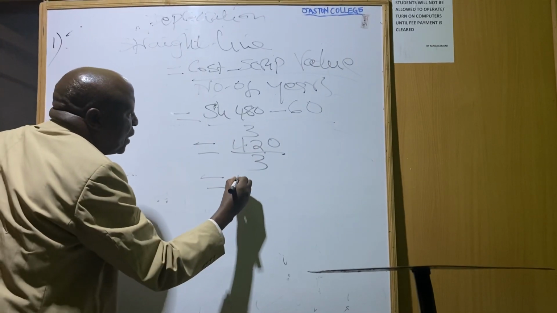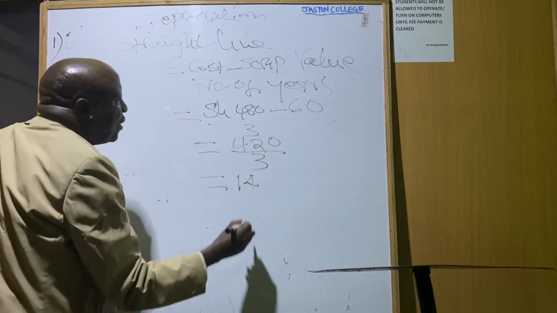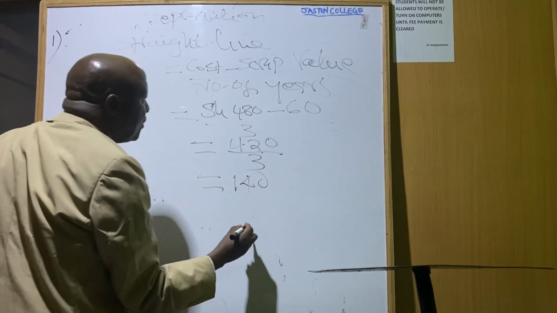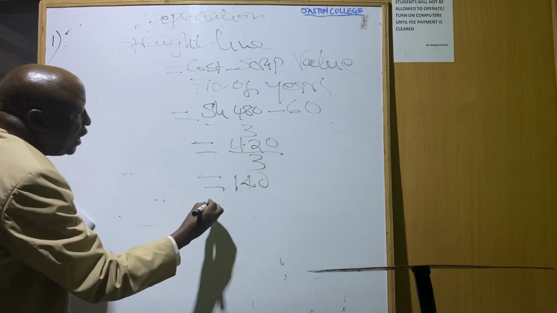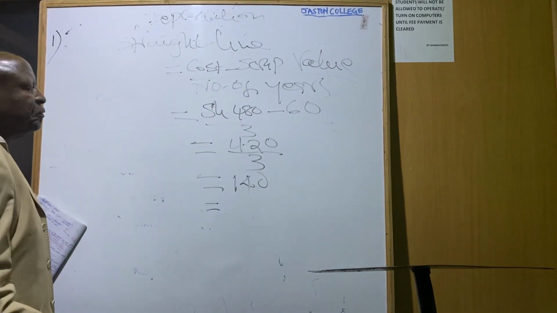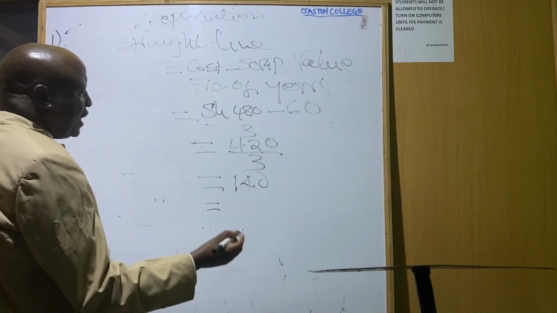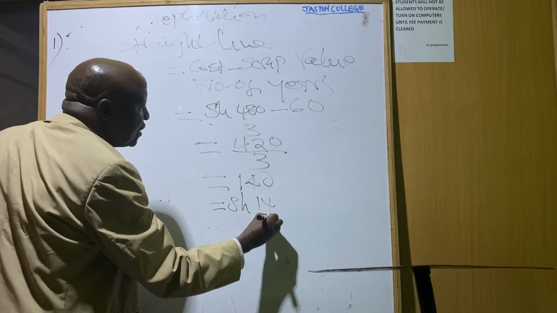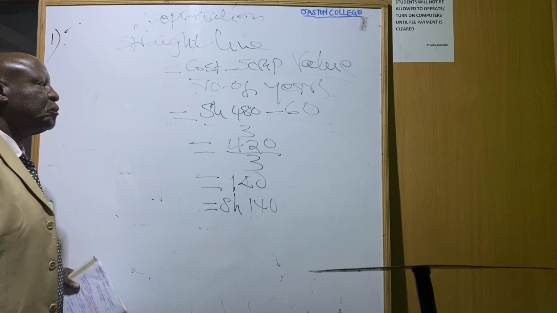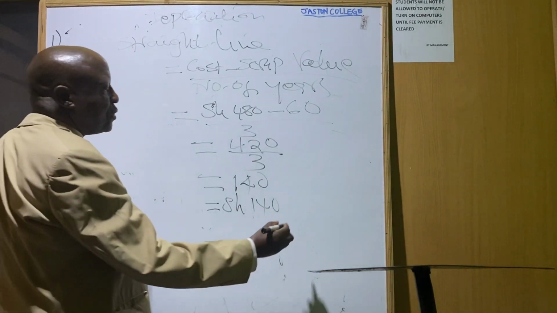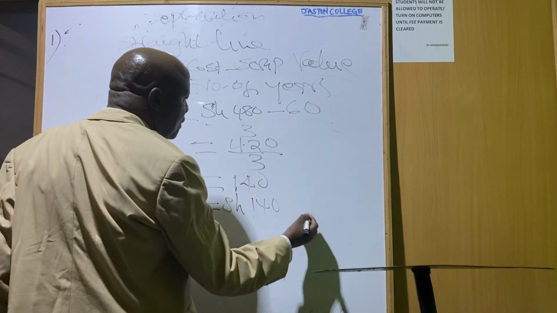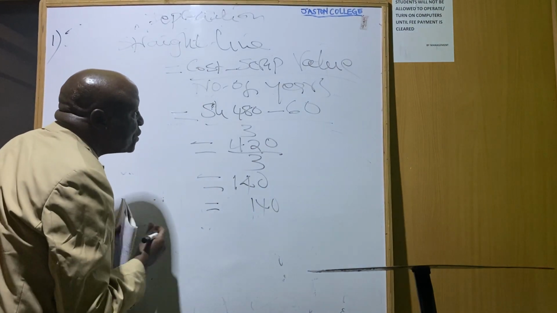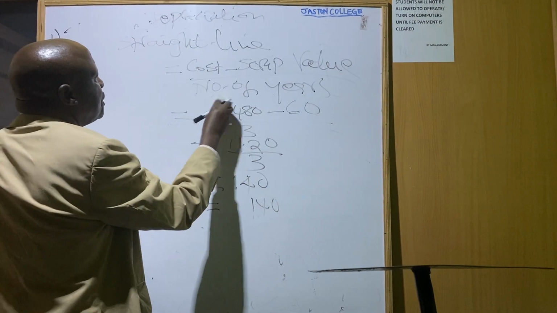3 into 4 is 1, 3 into 12 is 4, 140. So now our depreciation in 3 years' time will be 140 pounds, not shillings, pounds.